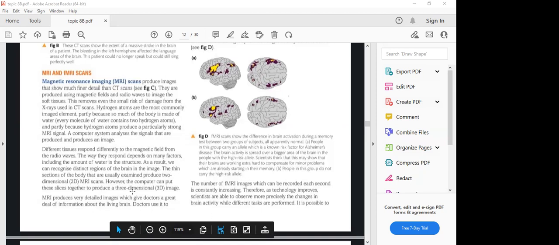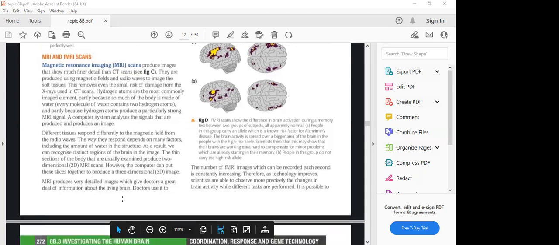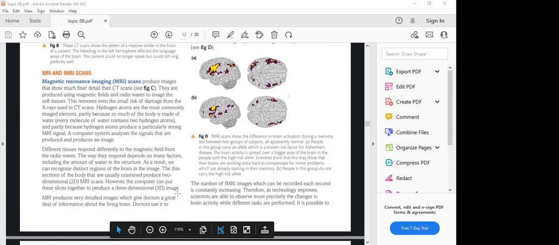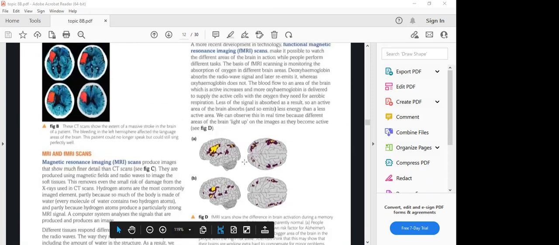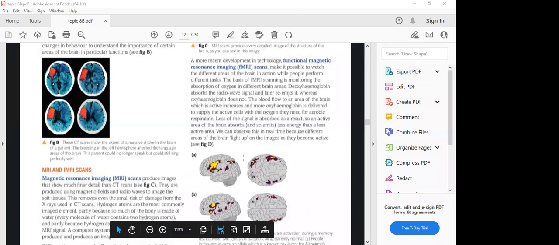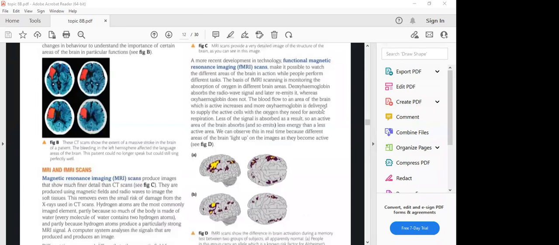However, the computer can put these slices together and produce three-dimensional images. MRI produces a very detailed image which gives a doctor a great deal of information about the living brain, so doctors use it. It is more effective than the CT scan.